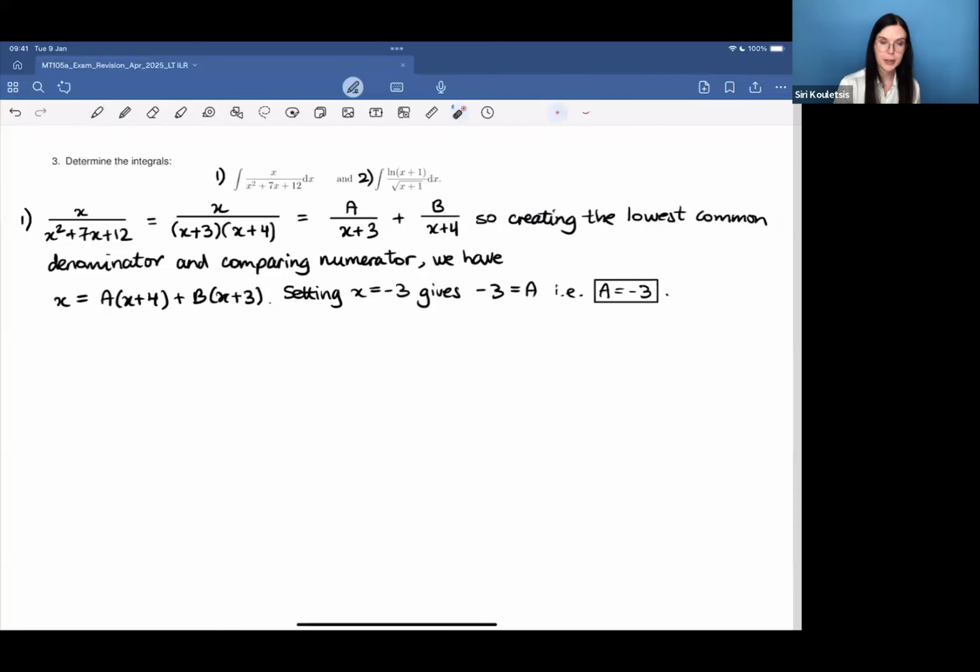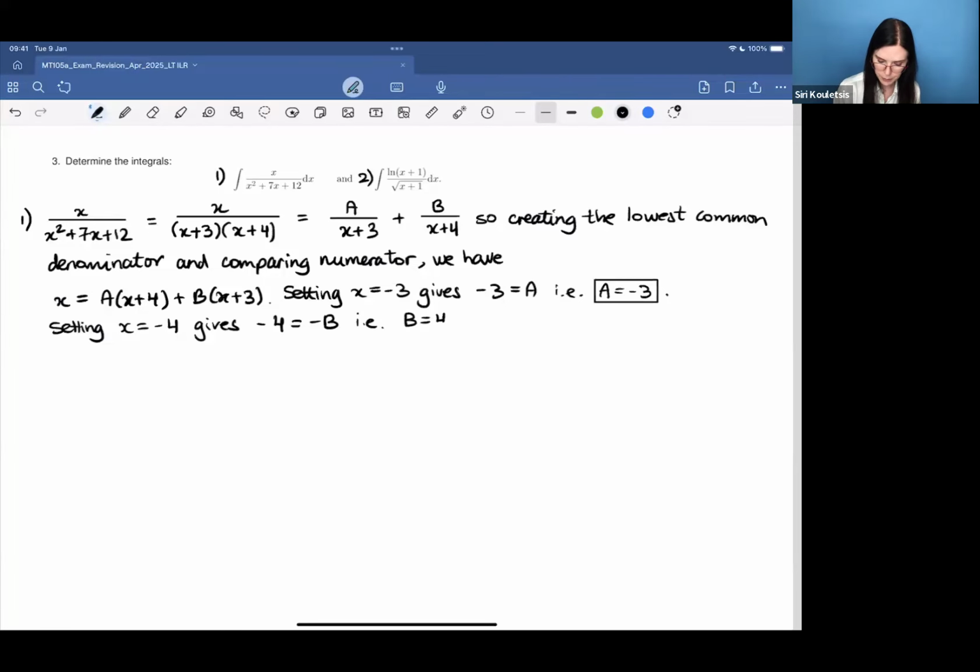And similarly, if we set x equal minus 4 here, well, then the term with a will vanish, and then we'll have a solution for b. And we get minus 4 equals minus b, and so b equals 4.